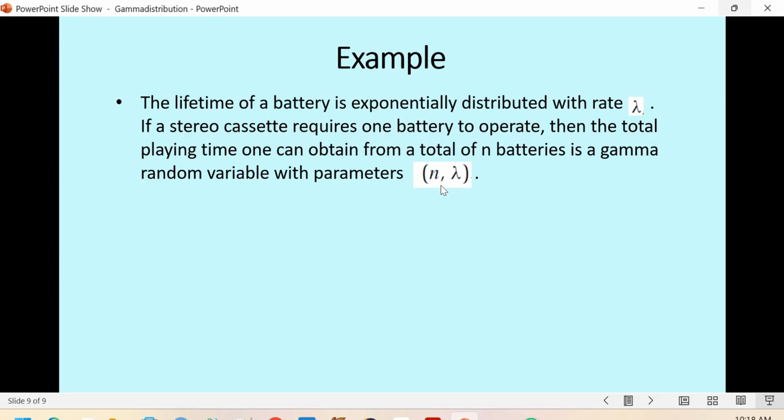Their summation follows a gamma distribution with the summation of alpha, which is the summation of n ones, which is n here. So the total playing time for this stereo cassette follows a gamma distribution with parameters n and lambda.